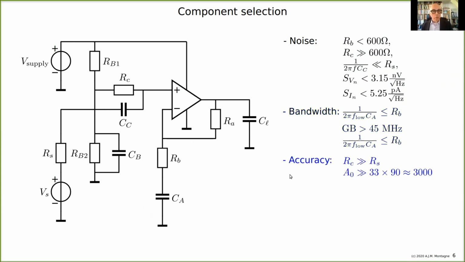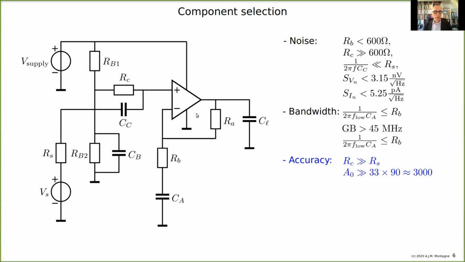So for the accuracy, I need this resistor to be much larger than this one, so there was no extra attenuation. And I want to have a DC gain that is so large that it plays no significant role in the midband inaccuracy.